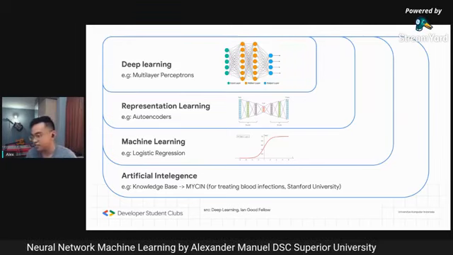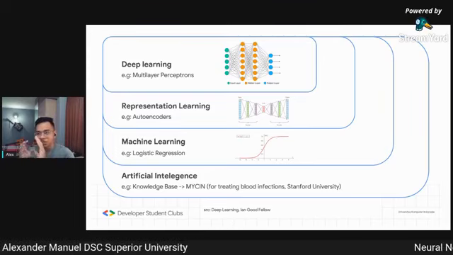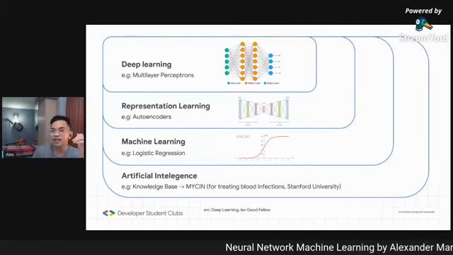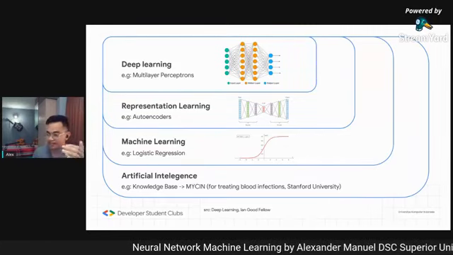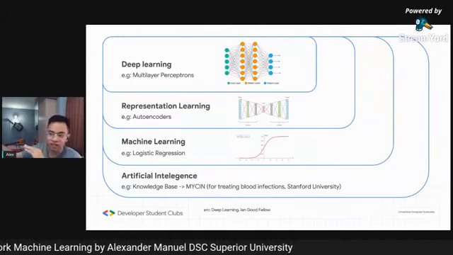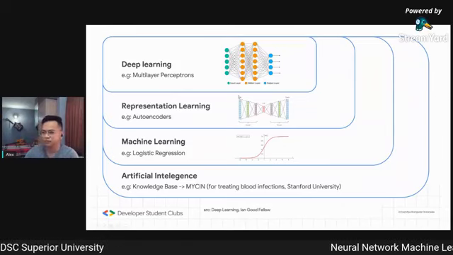The example, as you can see, is the autoencoder. You take an input and then you make a representation, a compression of the whole dataset, and then you can decode it back, like you can see in the image here.